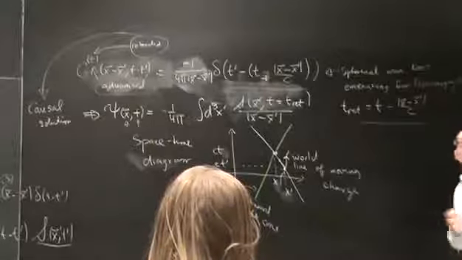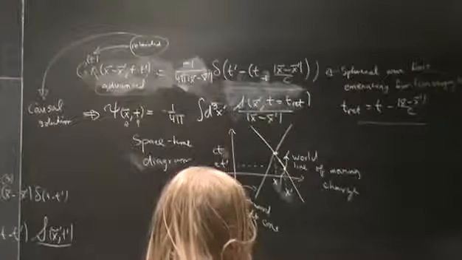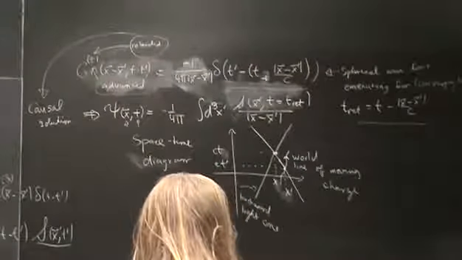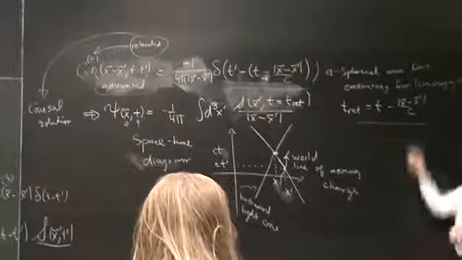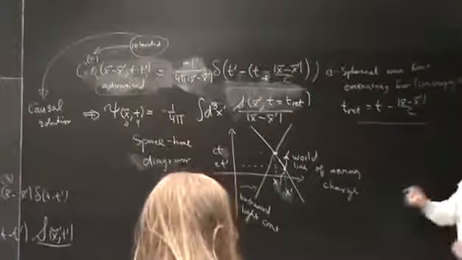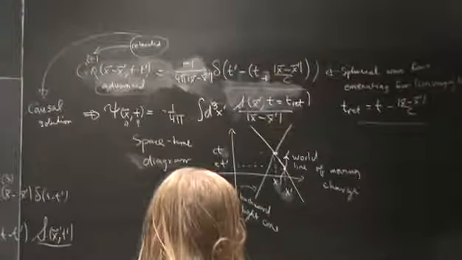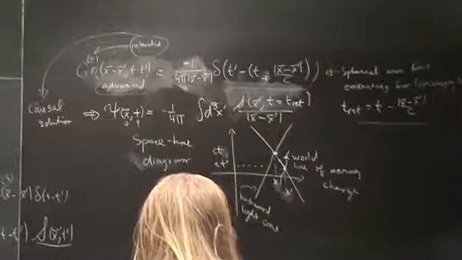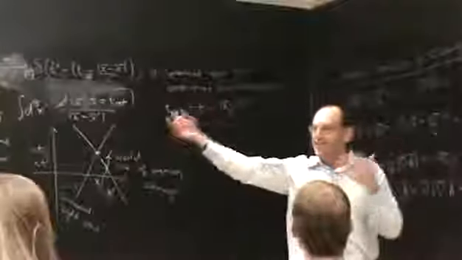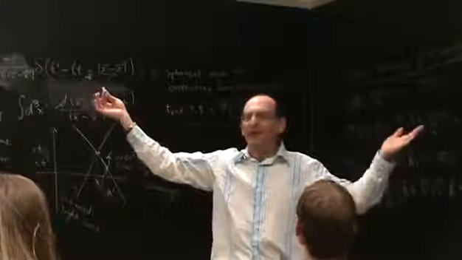The retarded time is the current time minus the time it takes for a light signal to travel from x prime to x. So what I see currently is what the source was doing in the past. Of course, astronomers know this very well.